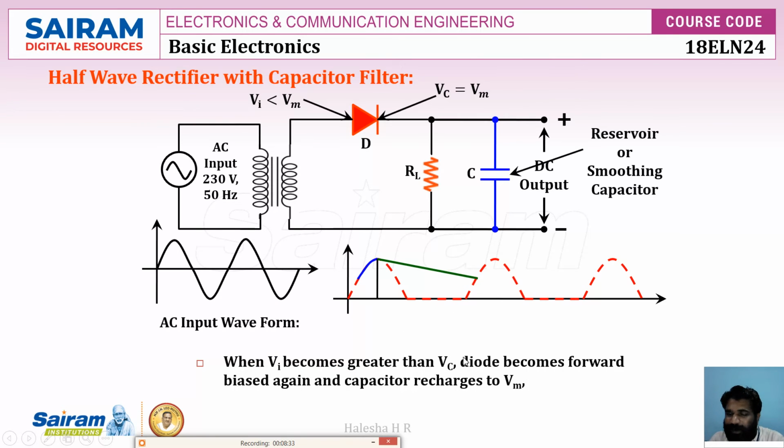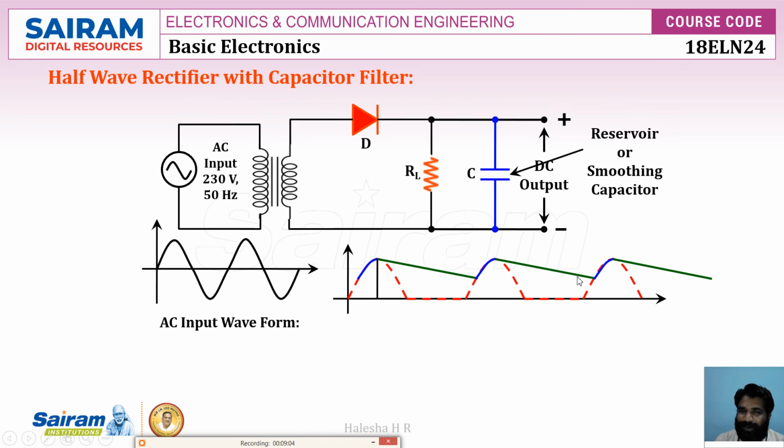When Vi becomes greater than Vc, the diode again becomes forward biased, and the capacitor recharges to Vm, like this. Then again at this point Vi becomes less than Vm, so the diode becomes reverse biased and the capacitor starts discharging. The same cycle repeats: again it charges to the peak value and discharges.